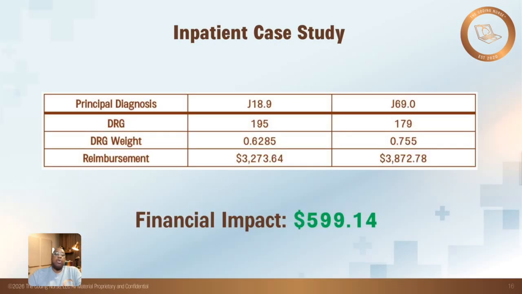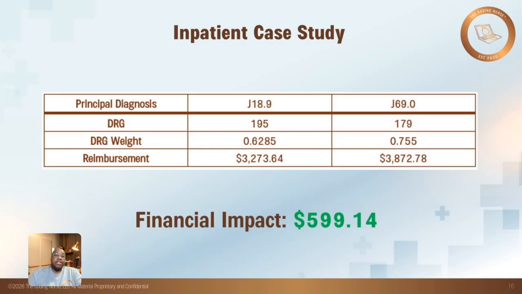So with the principal diagnosis of pneumonia unspecified, which is J18.9, we have a DRG of 195. We have a DRG weight of 0.6285, and we have a reimbursement of $3,273.64. If we look at the principal diagnosis of aspiration pneumonia, which is J69.0, we have a DRG of 179. We have a DRG weight of 0.755, and we have a reimbursement of $3,872.78.